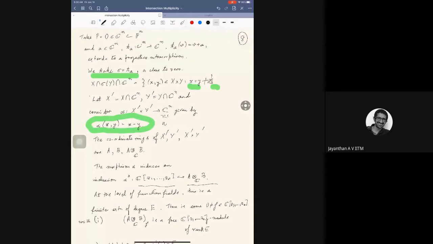And when you go to fraction fields, this is a finite extension, and the degree of the extension is the general number of inverse images. If I take most points of C^n and find out how many inverse images there are, I get a certain number of points, and the number of points is the degree of this extension. The degree.